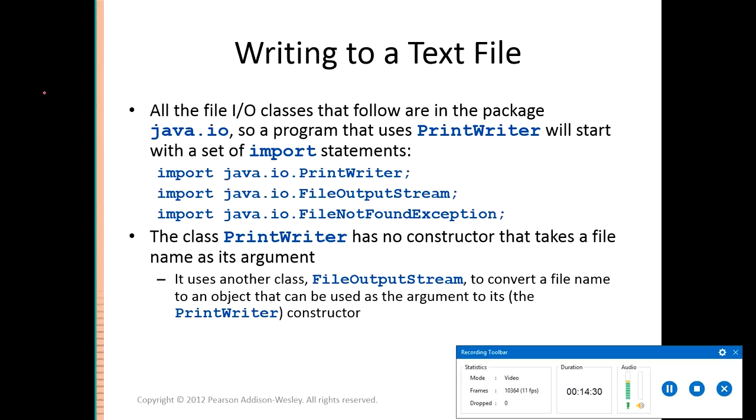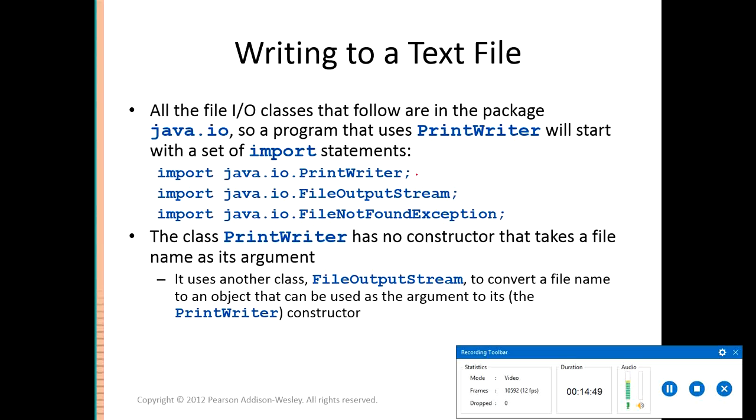So whenever we are going to write into the text file, what are the files we need to import? As I explained earlier when we were doing exception handling, with file input output we need to have exception handling.